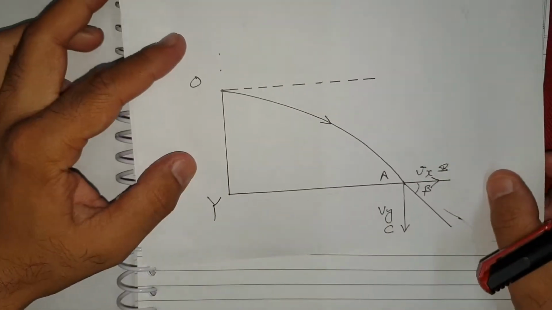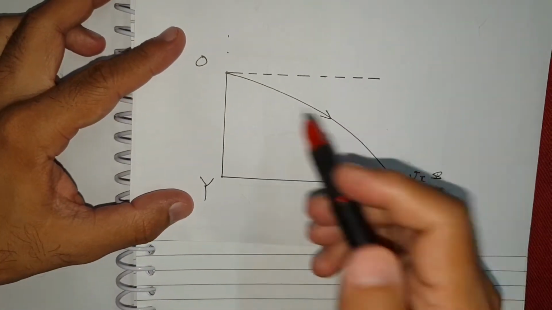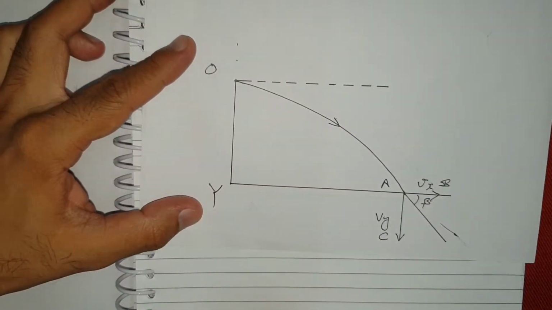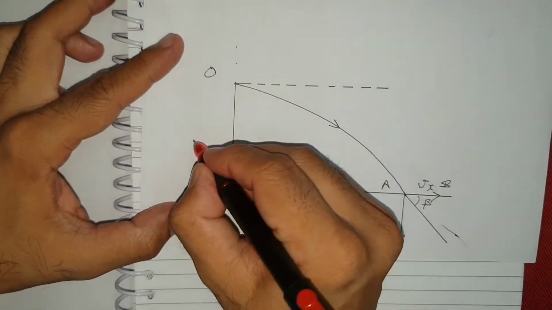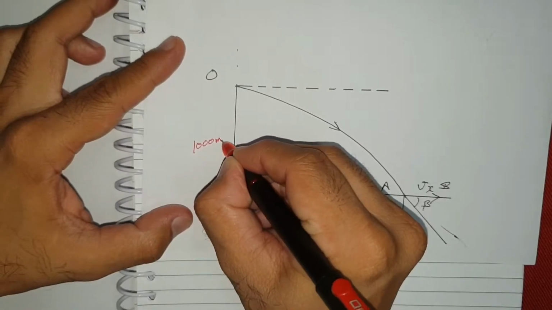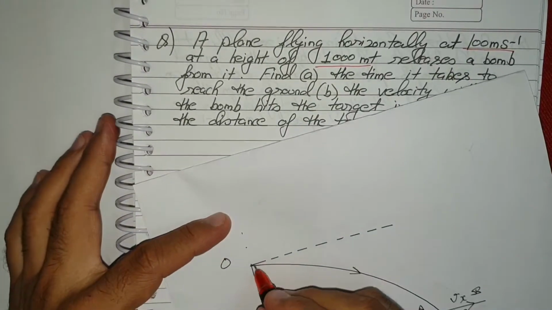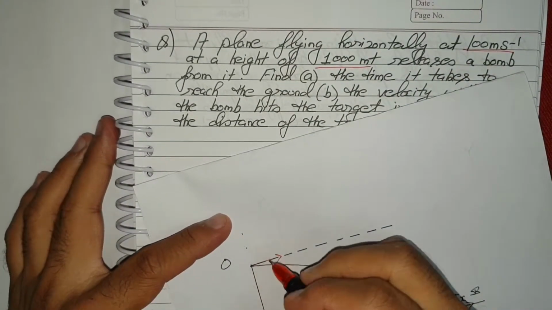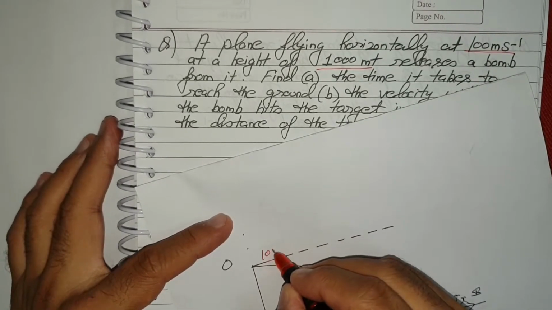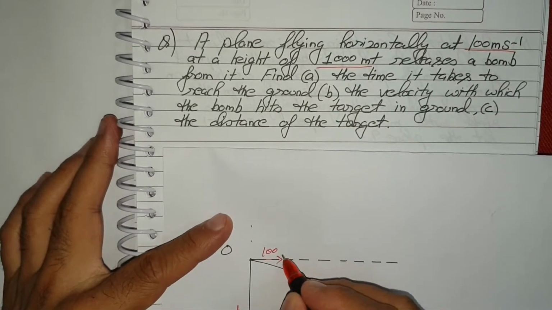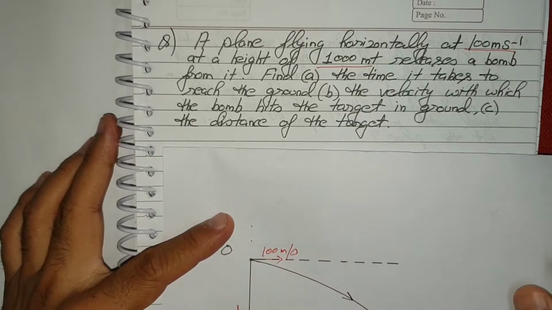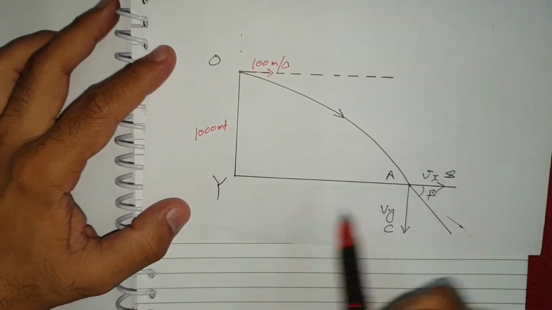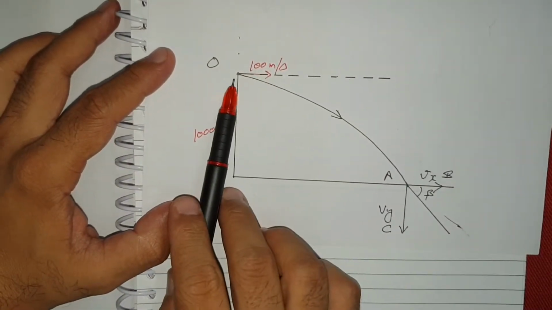So see, this is a diagram. Consider OI as the vertical height, which is 1000 meter, of this plane, which is moving at a speed of 100 meter per second. So this will be the actual motion. It drops a bomb from here.